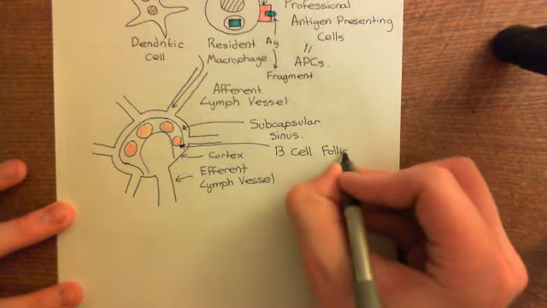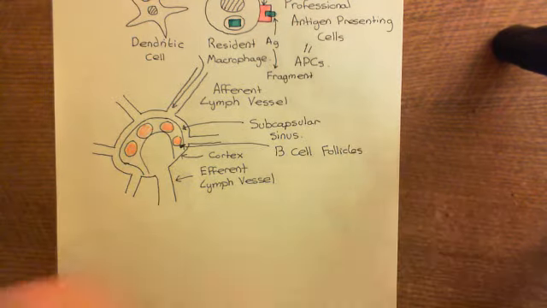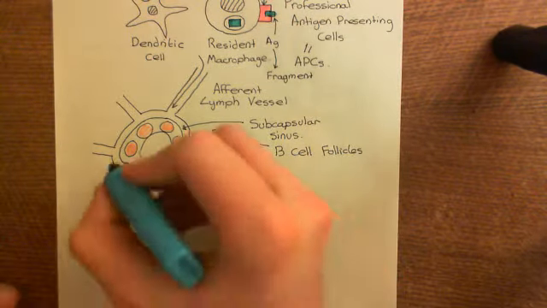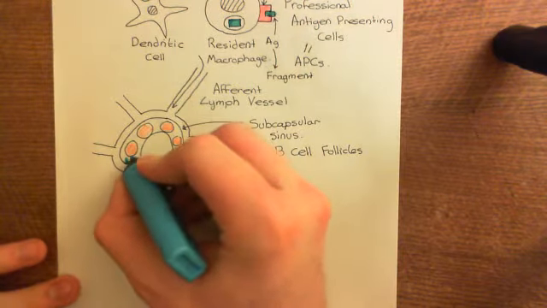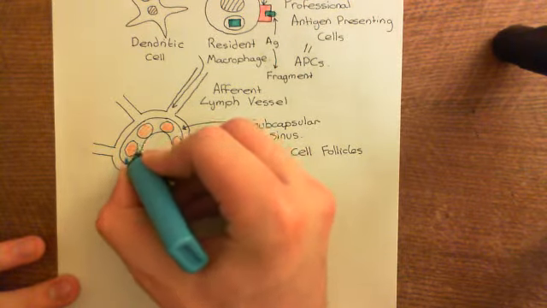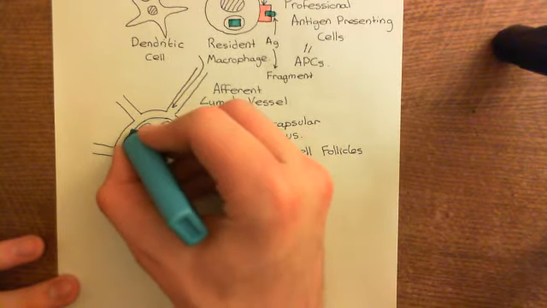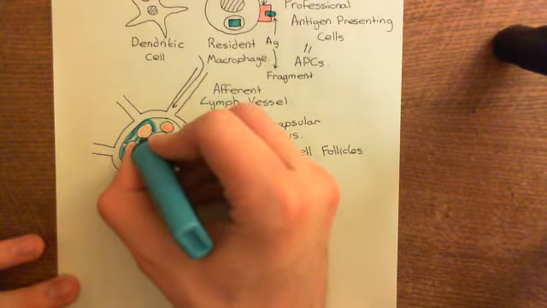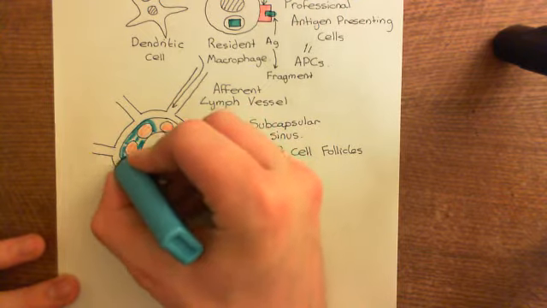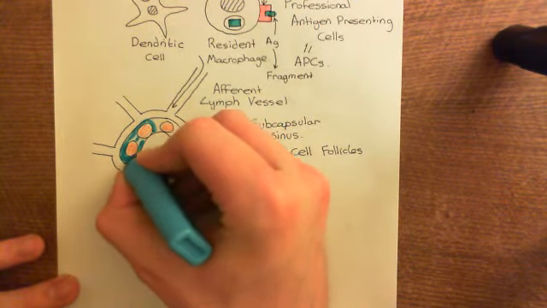Okay, now the rest of the cortex around the B cell follicles, which I'll highlight in green here, sorry, not in green, I've highlighted it in blue, this is the T cells. So I might even colour it in properly rather than this sort of cheap dashing.